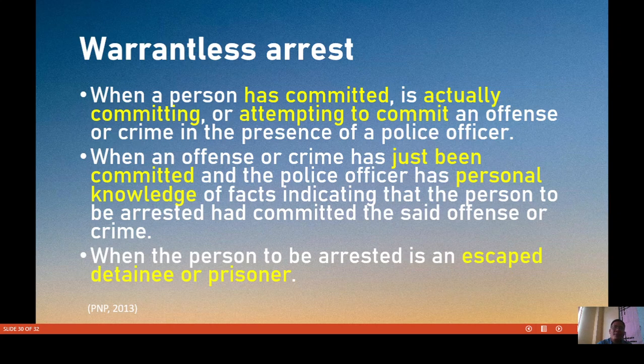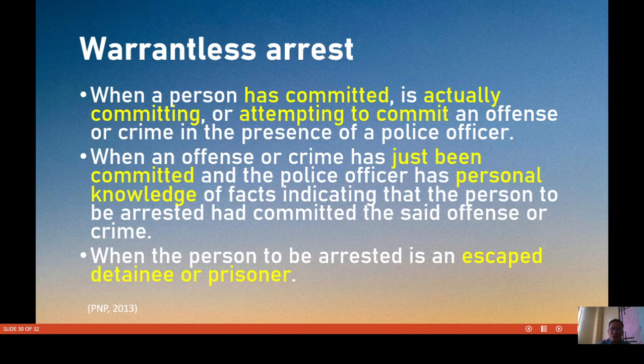So for example, the victim tells you that he went that way, then you stop, then you resume your hot pursuit the following day. So that's not hot pursuit anymore. You need a warrant of arrest already for that matter. So hot pursuit must be continuous.